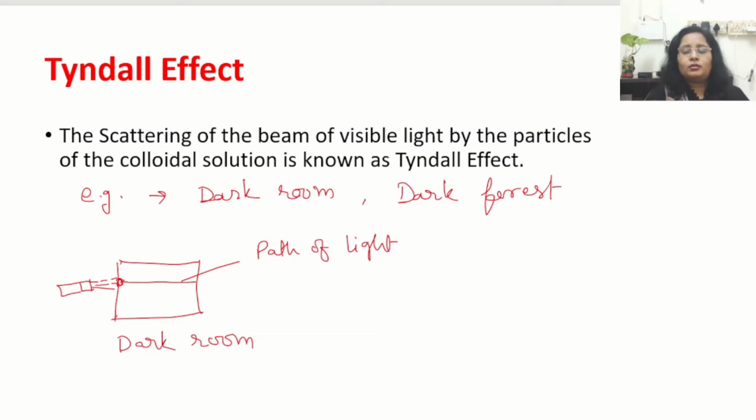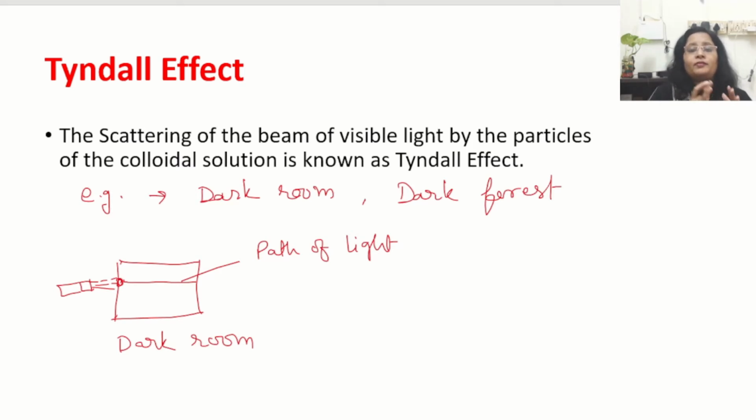The whole room is a colloid. The room is filled with colloidal dust particles, that is, dust particles mixed with the air that fill up the whole room. So if there is a colloid and a beam of light passes through it, the path of light is visible because the dust particles scatter that beam of light. This kind of effect is called the Tyndall effect.